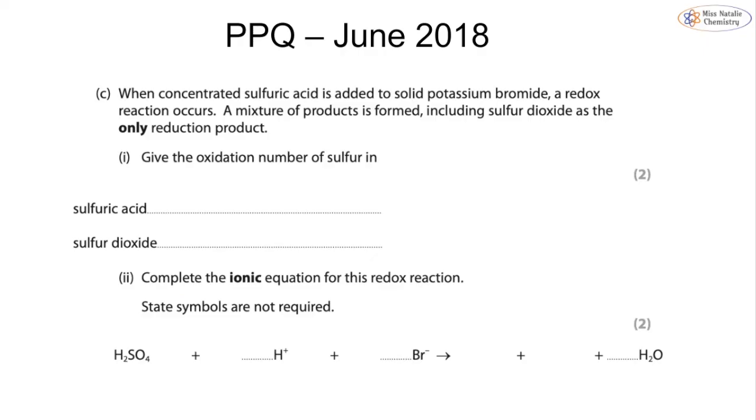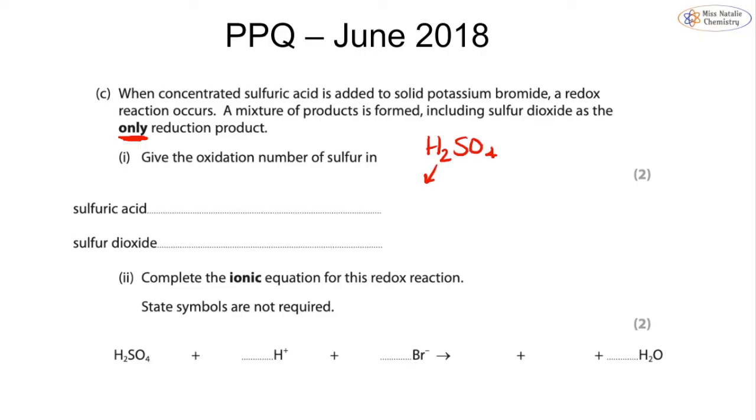So when concentrated sulfuric acid is added to potassium bromide, now we get a redox reaction. And we get a mixture of products being formed, including the sulfur, in this case, as the only reduction product. We want to give the oxidation numbers of sulfur in sulfuric acid and sulfur dioxide. So we've got H2SO4.